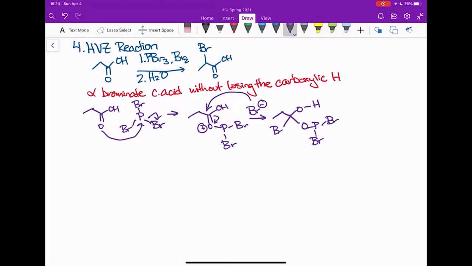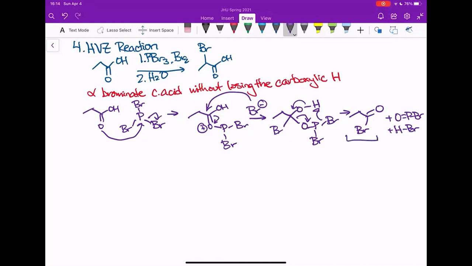So this hydrogen will come off to break this leaving group out. And that will give you a double bonded oxygen right there with your Br hanging off. Your leaving group is the OPBr, and then you're also going to get HBr through that 6-membered intermediate.